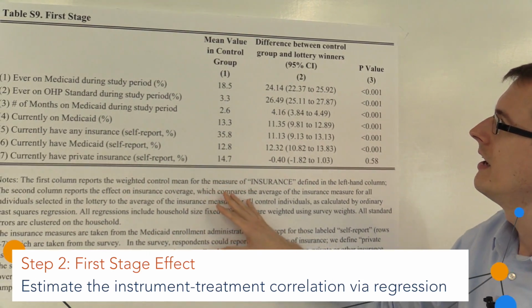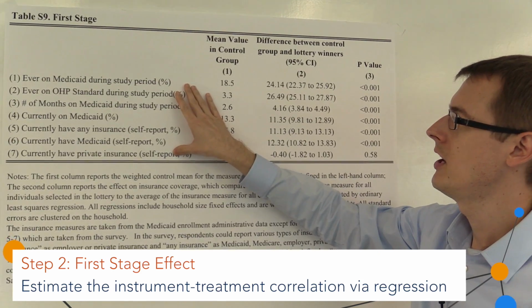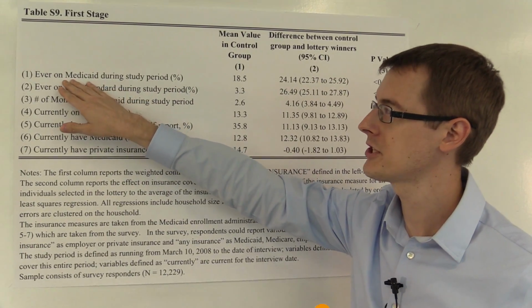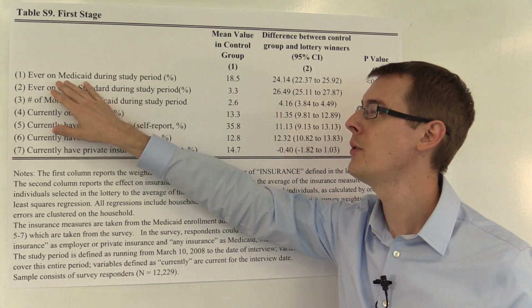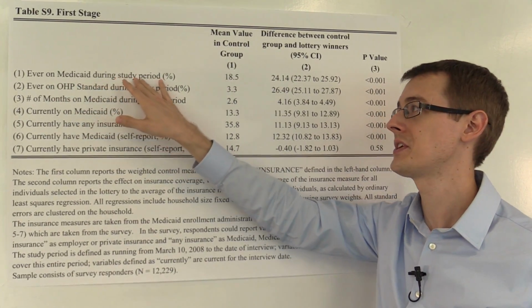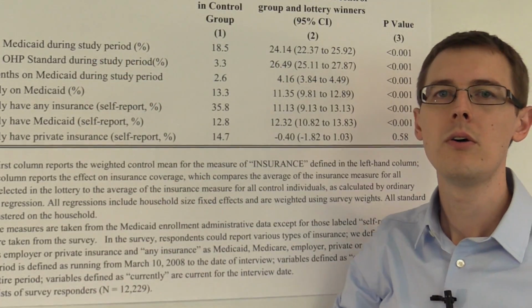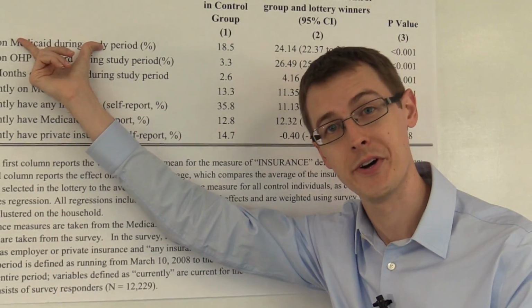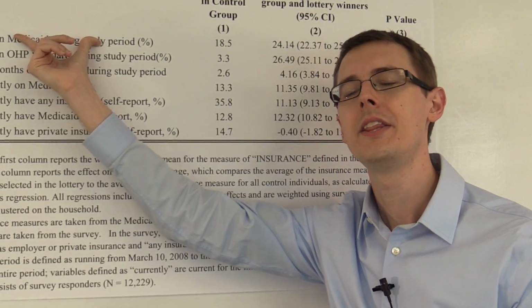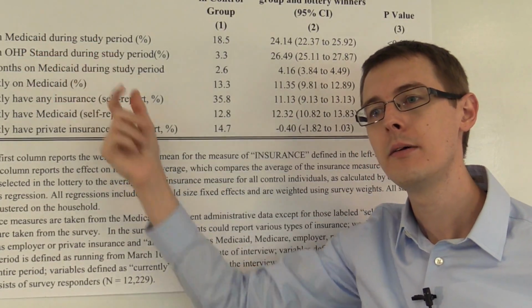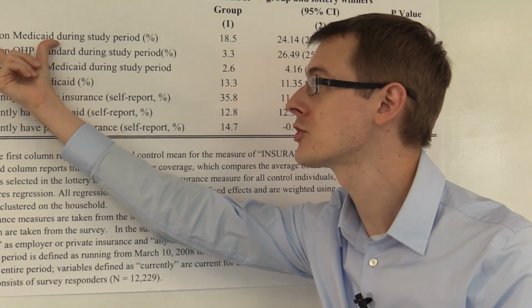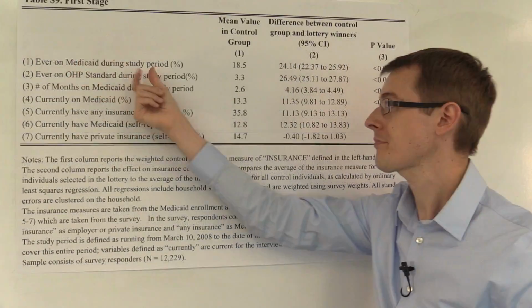So here on the left-hand side, we have different measures of treatment. So for example, let's just focus on the first line. Did you ever get Medicaid during the study period? So did you receive Medicaid? That's our treatment. So this is now our outcome variable because we want to know what's the effect of the instrument being assigned to receive Medicaid on the outcome, actually receiving Medicaid.